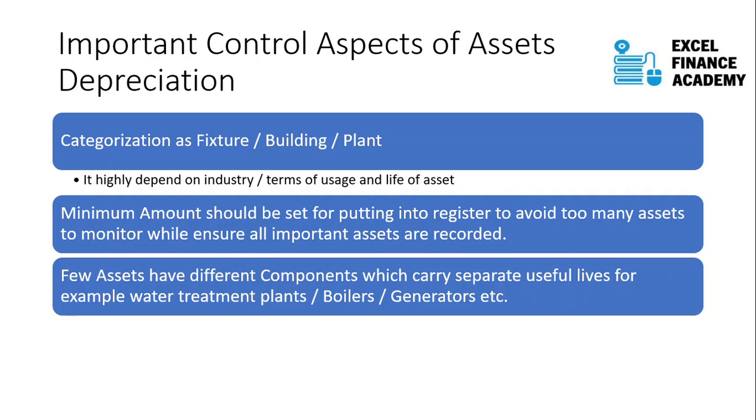Maybe the plant can survive for 2 years, 3 years, or 5 years. Piping maybe can survive for 10 years, or the motor can survive for another 10 years. So you cannot charge all of them at the same life. You need to cluster, understand how the components work, and then charge separately.